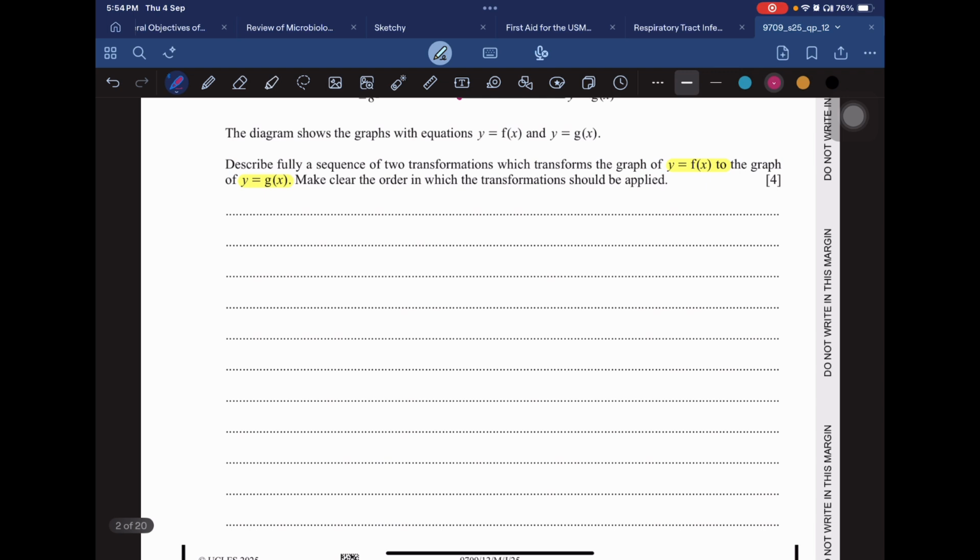So the first thing that has to be done will be stretch with a factor of 2 vertically, or you can say parallel to the y-axis.